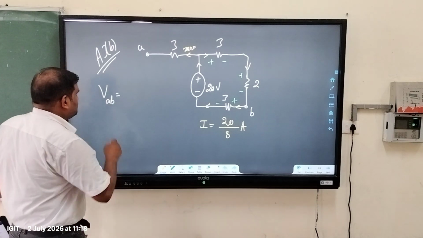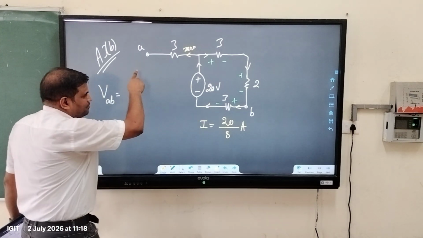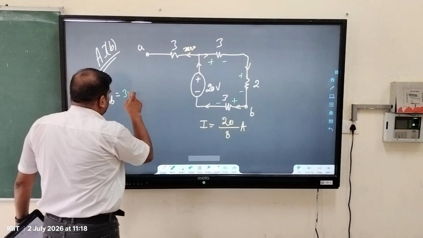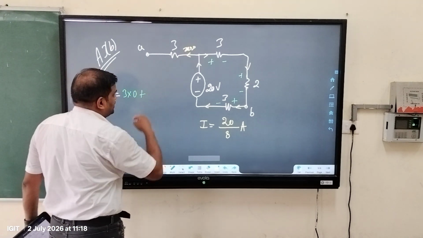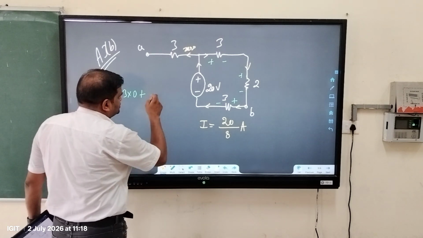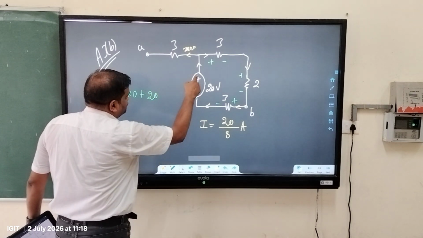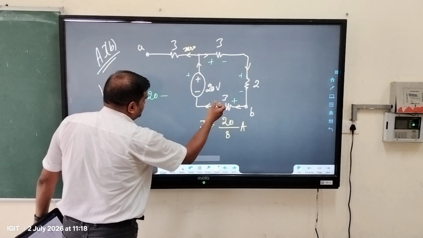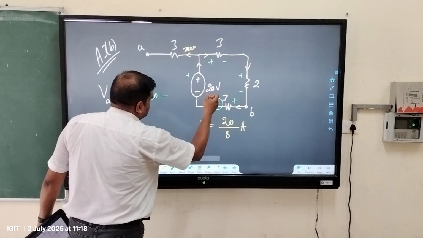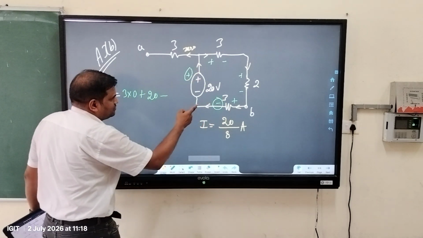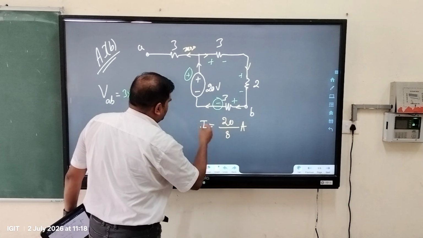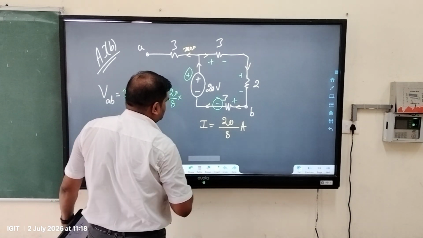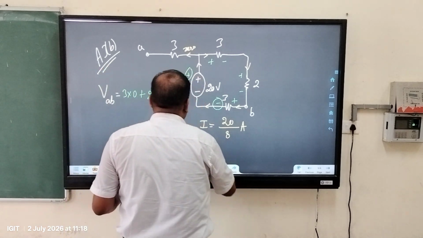Now the examiner is asking what is VAB. So move from A to B. First is 3 into 0 because the current is 0. Next is 20, because first you see the plus sign, then you see the negative sign. What is the current? Current is 20 by 8. Resistor is 3.